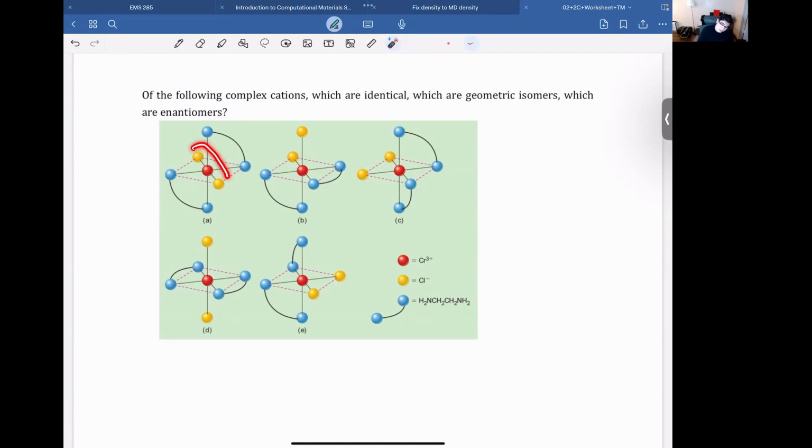In A, I have this trans isomerism where they're opposite from each other. There is no way I can rotate A or B to look like the other one because the ligands are on different axes. So for that reason, we can say A and B are geometric isomers.